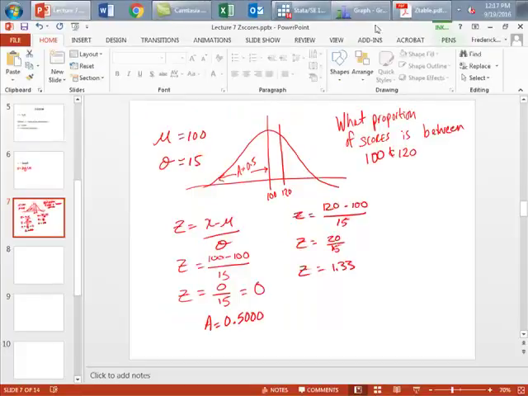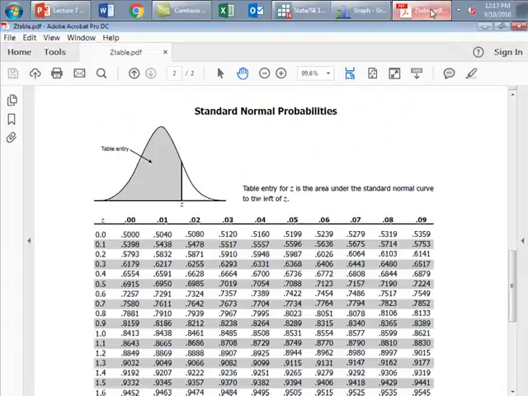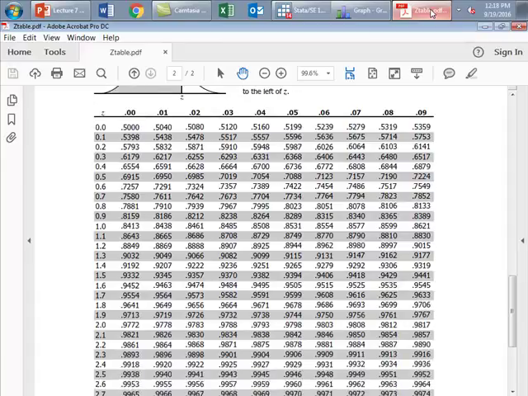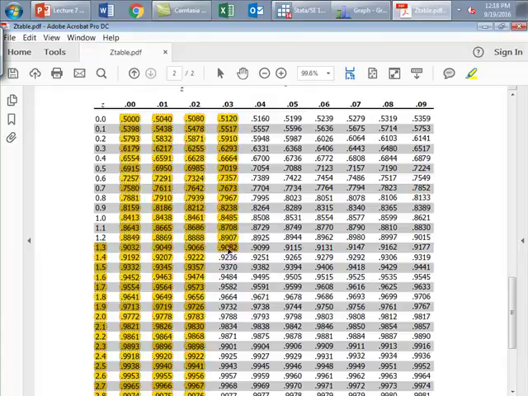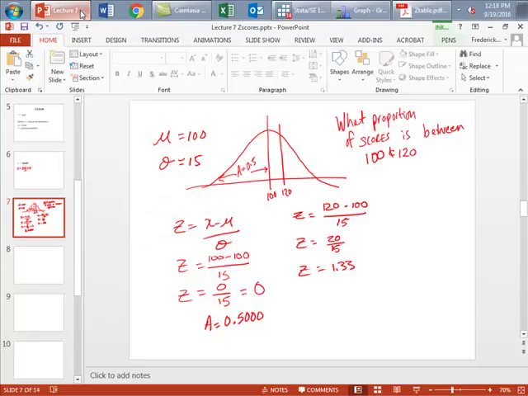So let's go to the chart. 1.33. 1.3. Oh, that's going to look messy. It's this one here, right? So somebody quick, remember this. 1.33 is 0.9082. Right? 9082.